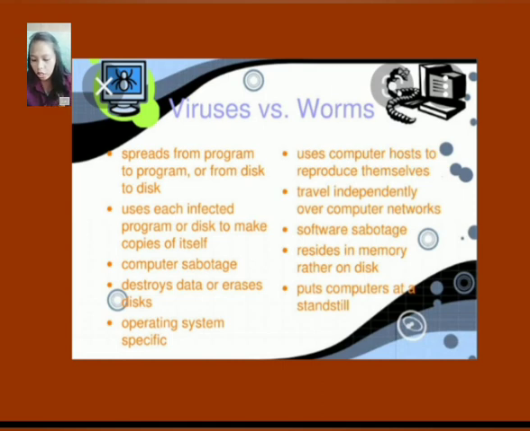Computer sabotage, destroying data, or erasing the disk operating system is what viruses do first, while worms reside in memory rather than on disk, and put the computer at a standstill.